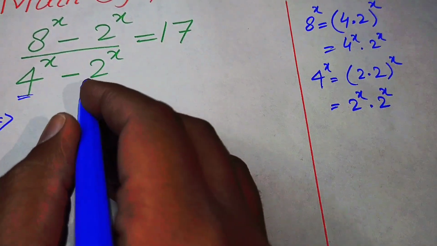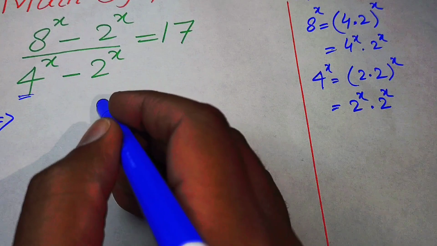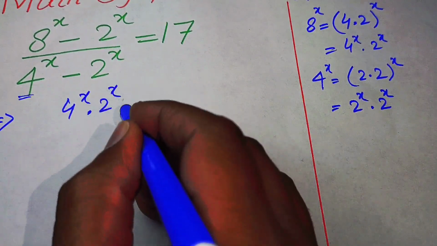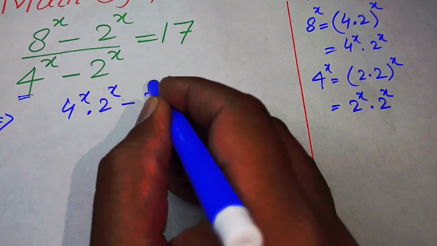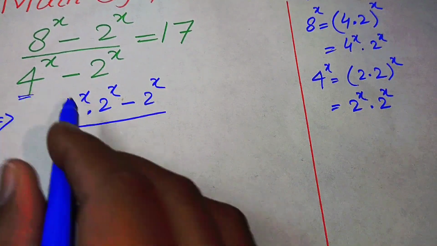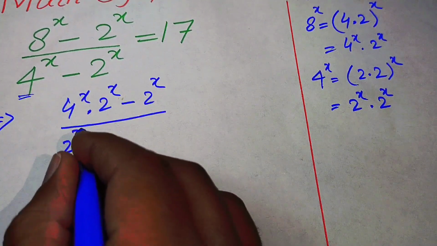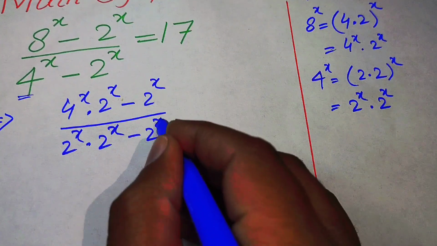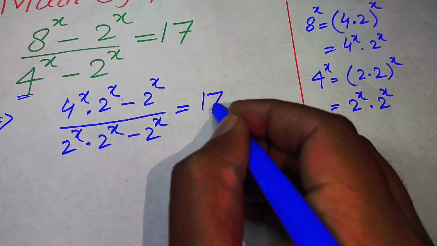So this becomes (4^x times 2^x − 2^x) over (2^x times 2^x − 2^x) equal to 17.